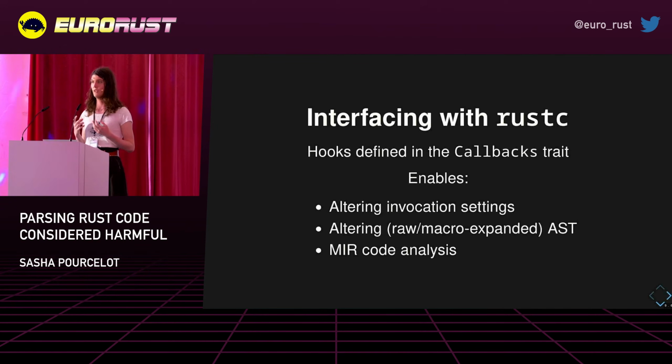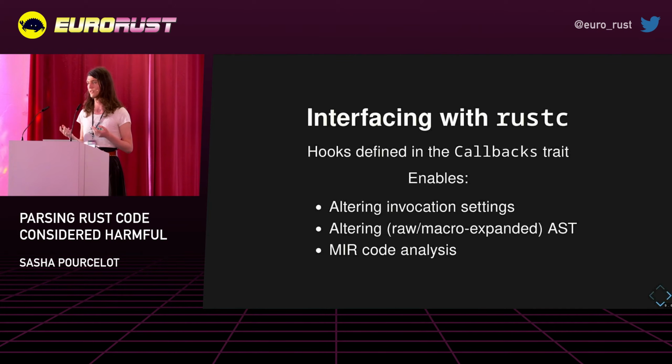It's also very easy to interact with rustc when it's embedded as a library. There's a trait called Callbacks, and this is the whole entry point of the compiler. It allows you to customize the way the compiler is called.